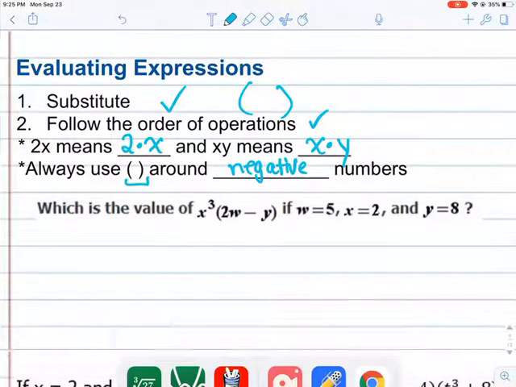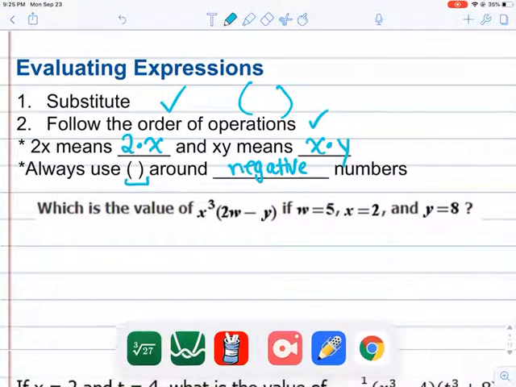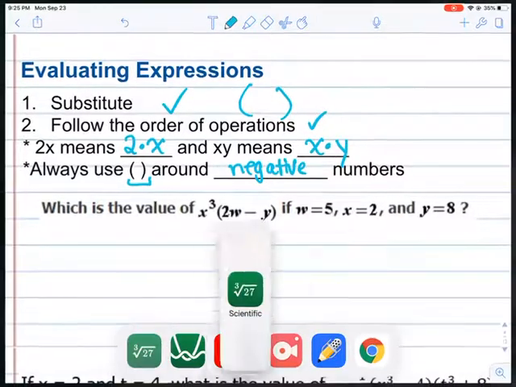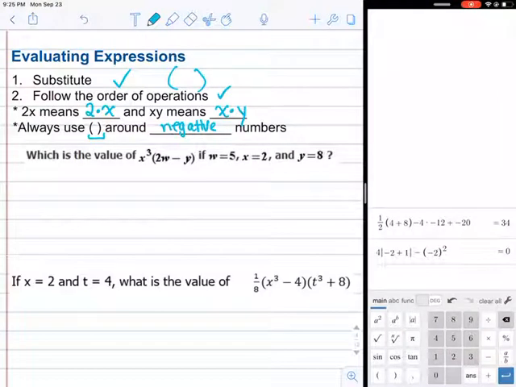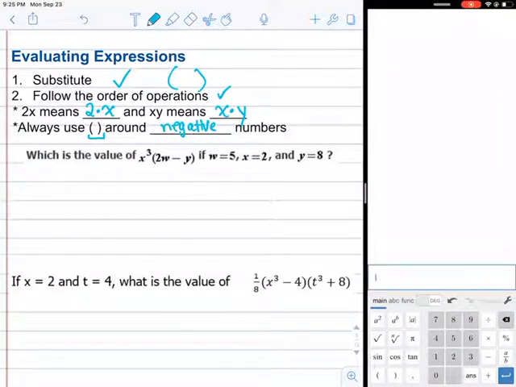So you need to be careful when you are plugging in negative numbers, especially to Desmos or any higher functioning Texas Instrument calculator.